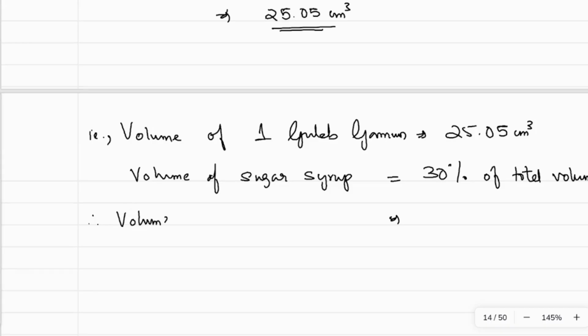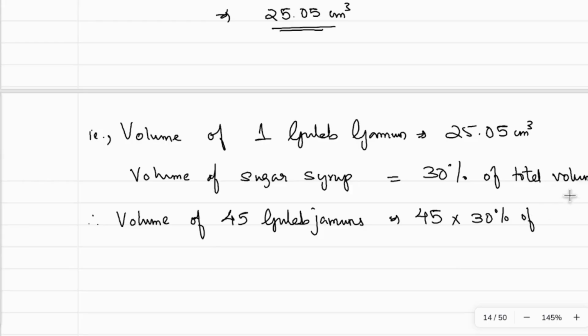Therefore volume of 45 gulab jamuns is equal to 45 into 30% of what's the value given here? It is 25.05 centimeter cube. Clear?